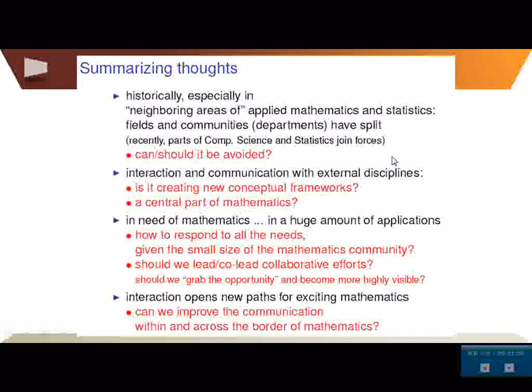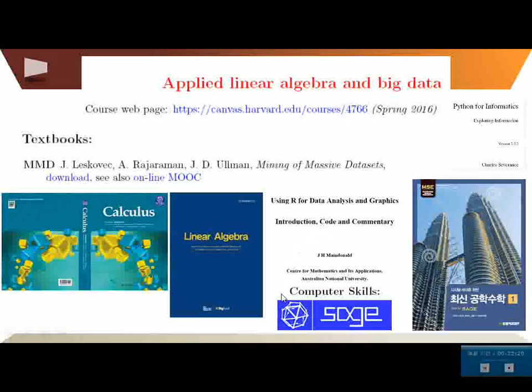So now mathematics also has started to think about communicating with other disciplines, including computer science, statistics, biologists, and many others.